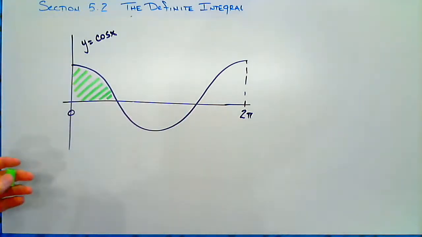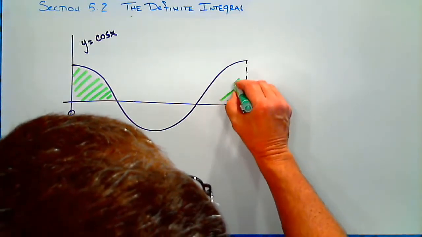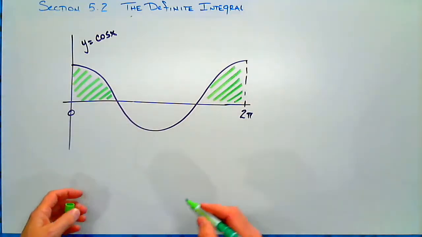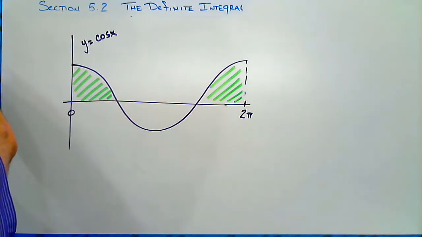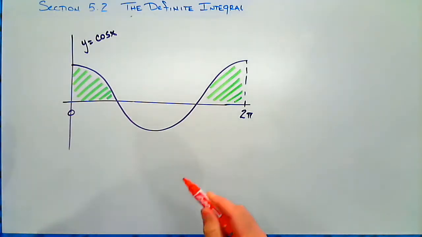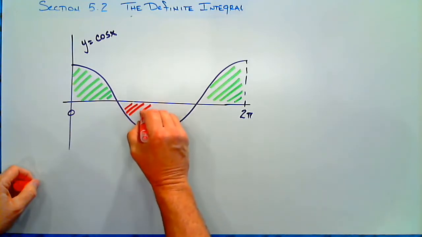And we don't know how to find it specifically because it's cosine. We don't know what that area is, but we know it's the same as this area because of symmetry and pre-calc. We know those areas are the same.